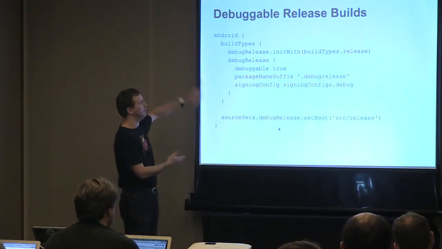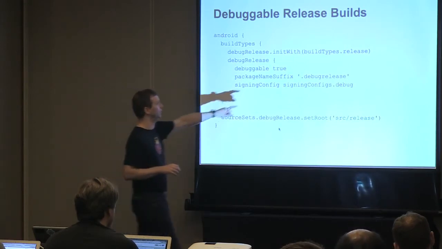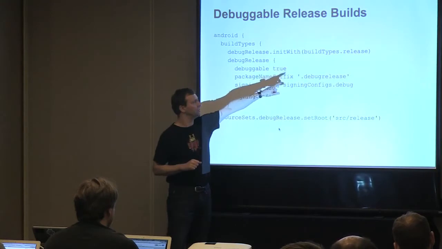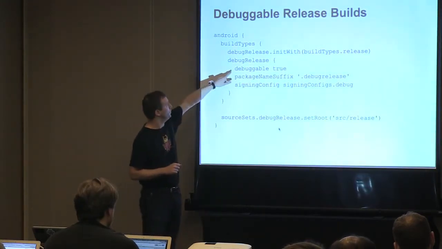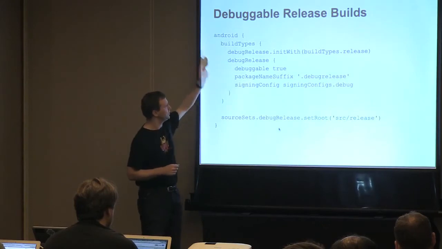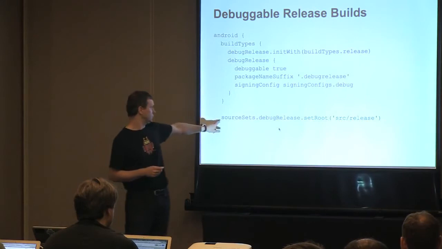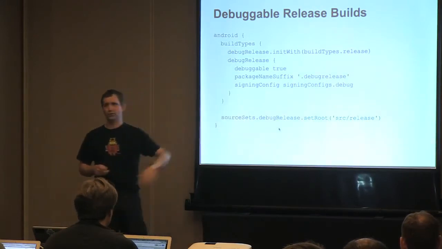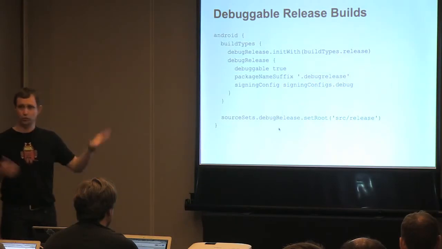So even though it looks very declarative, we're actually manipulating actual objects. This is actually an instance of type build type. And then we set debuggable to be true, and a package name suffix so that we can install it. We make it signed with the debug key so that anyone can build it. And then we just make the source set point to the other one so that if there were some custom files under source release, we just also use those files.